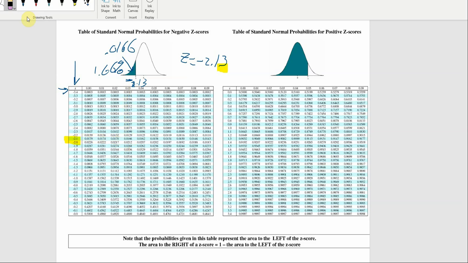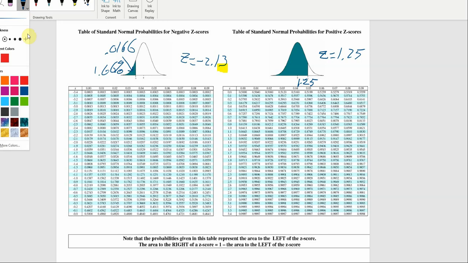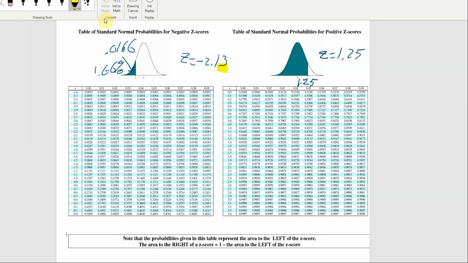All right, well, that's easy enough. Let's try a positive z-score and see what we come up with. So let's just come up with a z of a positive 1.25. So let's just say this is positive 1.25, and we're going to look for that z-score. So I have a z-score of 1.2, so that's right here, and I have to come across this and then down to 0.05.